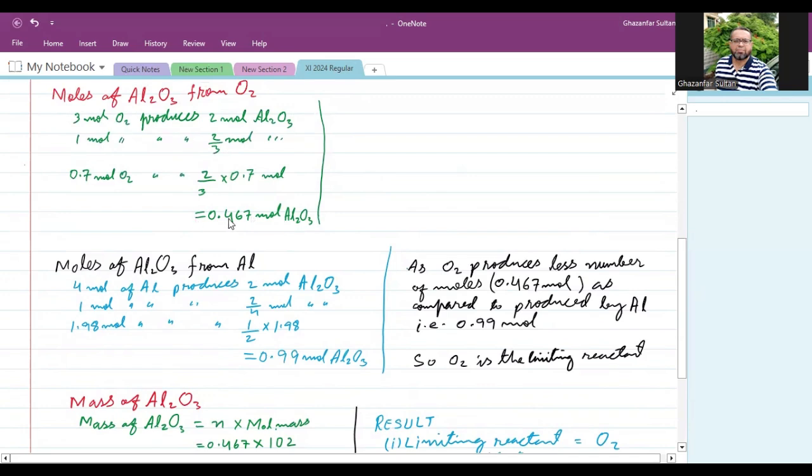So as here, oxygen produces only 0.467 moles, while aluminum produces more moles. So definitely oxygen will be consumed first. It would be the limiting reactant, and we calculate the mass from this number of moles, and we will ignore the moles of aluminum oxide produced from the aluminum.